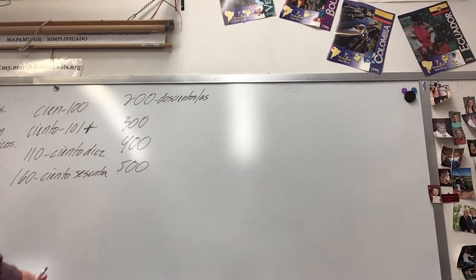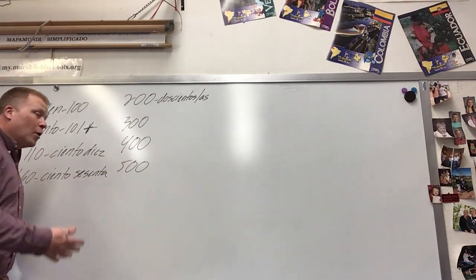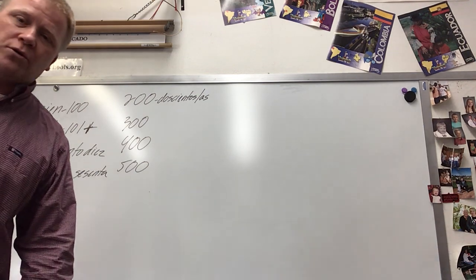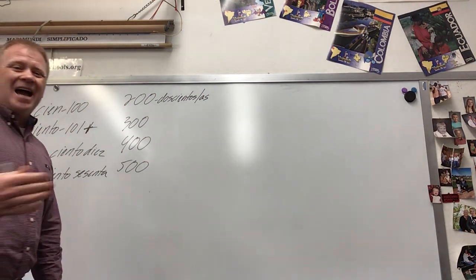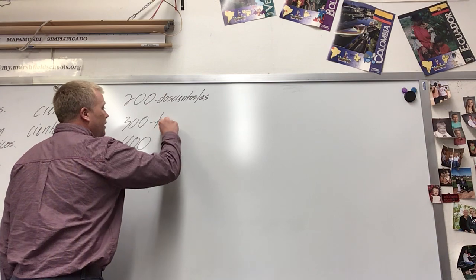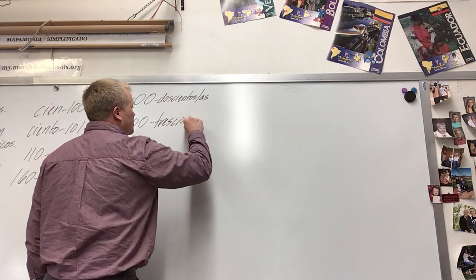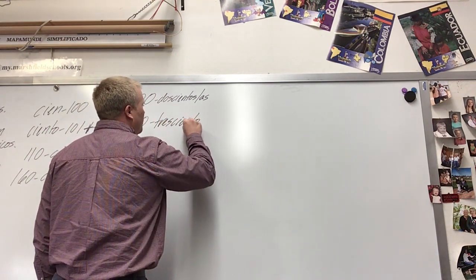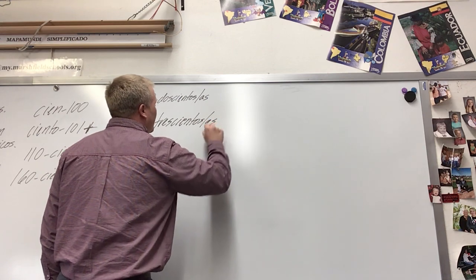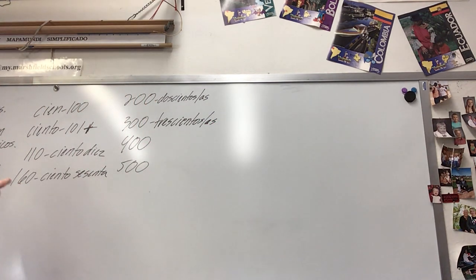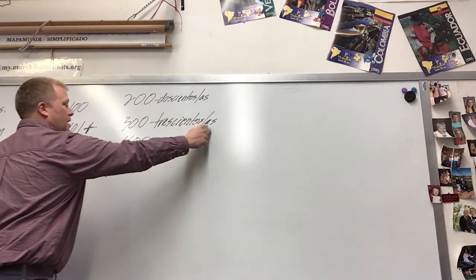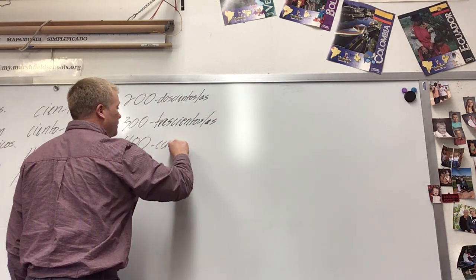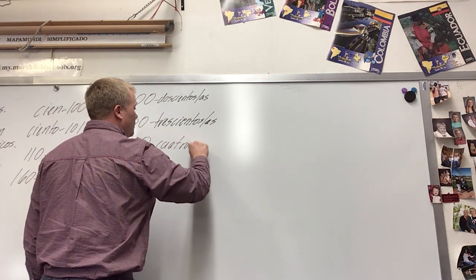So if I have 200 boys, I'd say doscientos chicos. 200 girls, doscientas chicas. 300 is trescientos or trescientas. 300, masculine, feminine. 400, cuatrocientos or cuatrocientas.